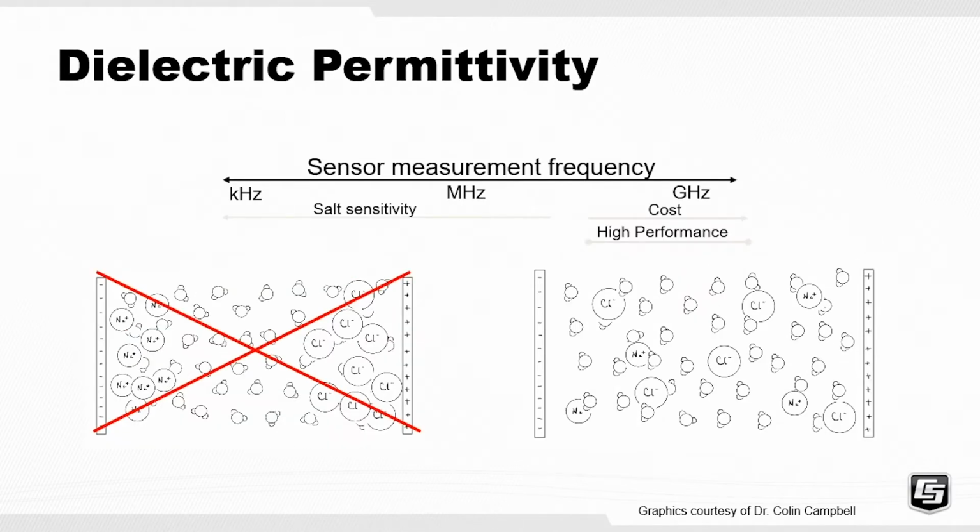There are quite a number of sensors on the market that measure dielectric permittivity that operate at a variety of different frequencies. The lower frequency sensors do have some of the same salt and ion sensitivity that resistance sensors do. But the higher end, higher quality sensors that operate at higher frequencies, say 1 to 2 gigahertz, do not have that same sensitivity to salts.